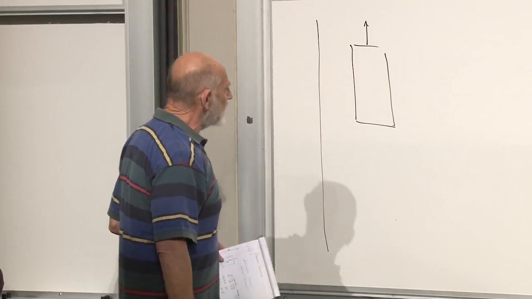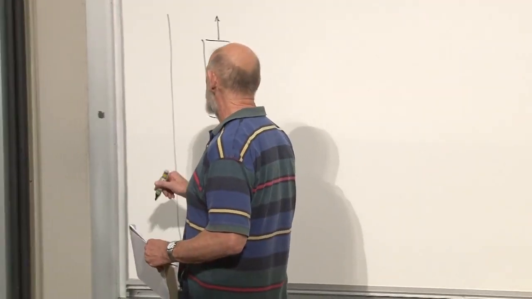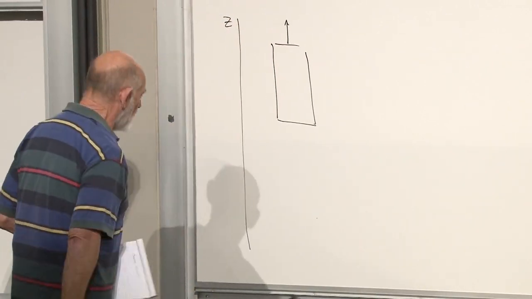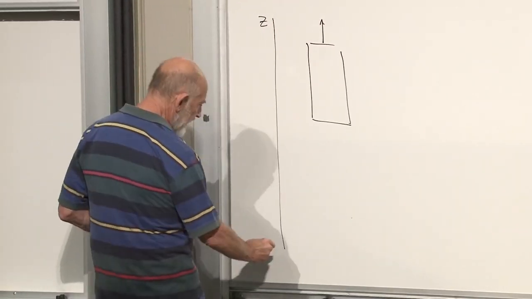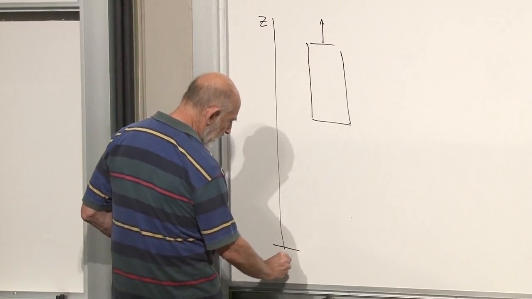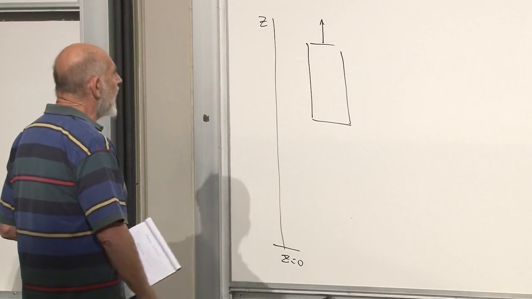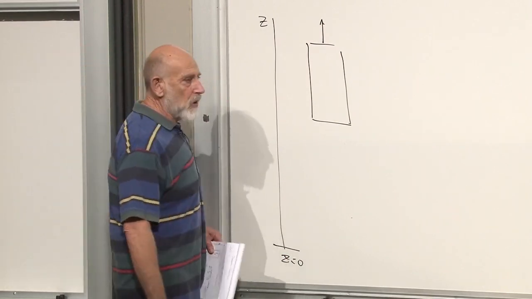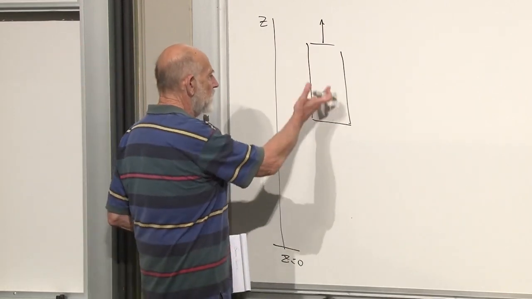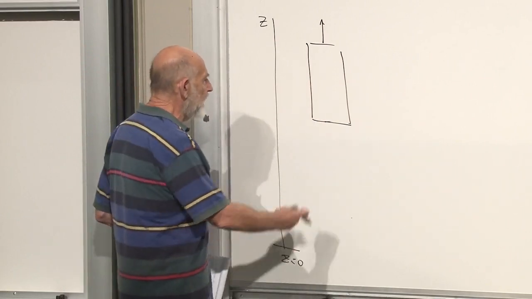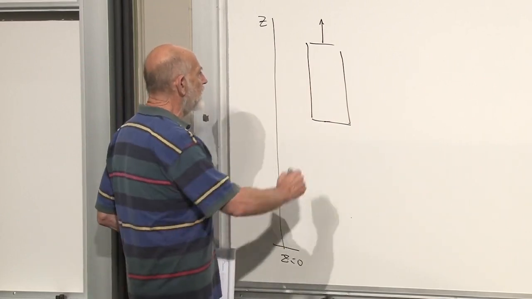One coordinate frame is at rest on the Earth, and let's call it Z. I use the Z coordinate for the vertical coordinate of space, and down here someplace is Z equals 0. Could be the surface of the Earth, doesn't matter. Now, in the elevator, there's also a coordinate system, and that coordinate system is being measured, this is arbitrary, but we'll do it anyway, from the floor of the elevator.